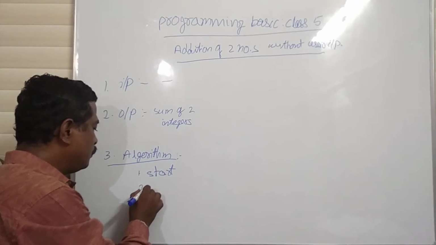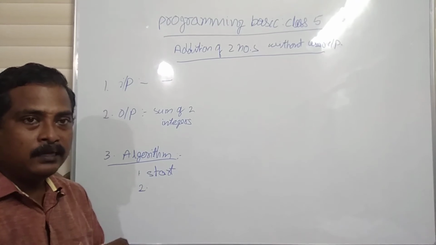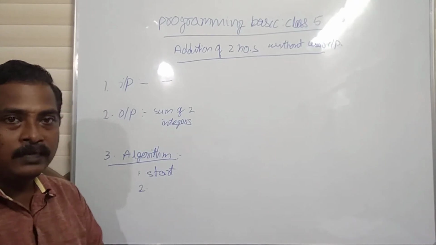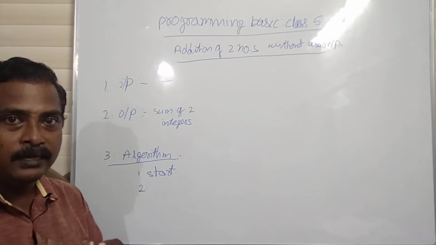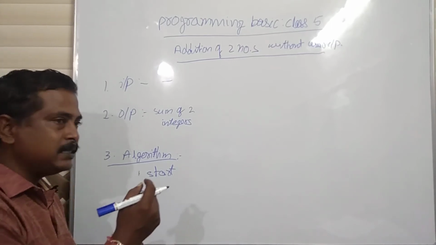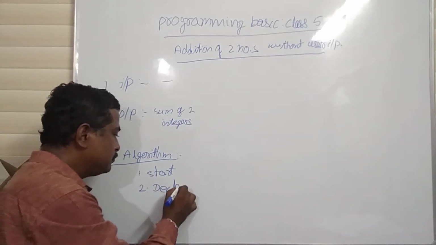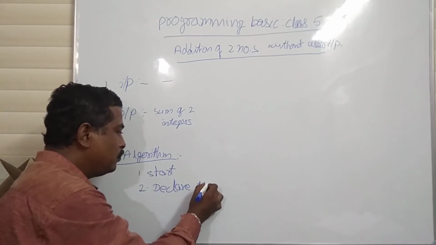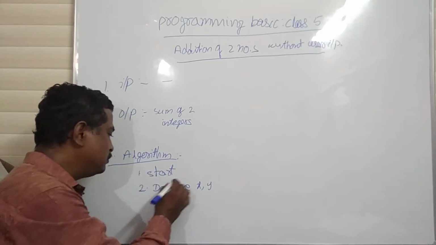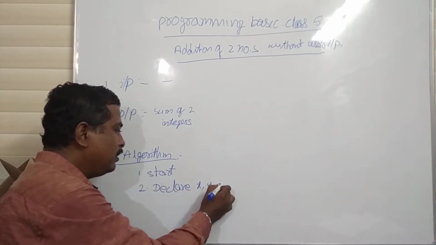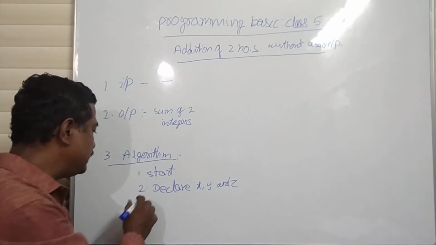Step 2, in English we will write: let x and y be the known variables, let z be the unknown variable. The same thing we will write in a slightly different language: declare x, y. That means here x and y are the known variables, and z is the unknown variable. So three variables are declared.